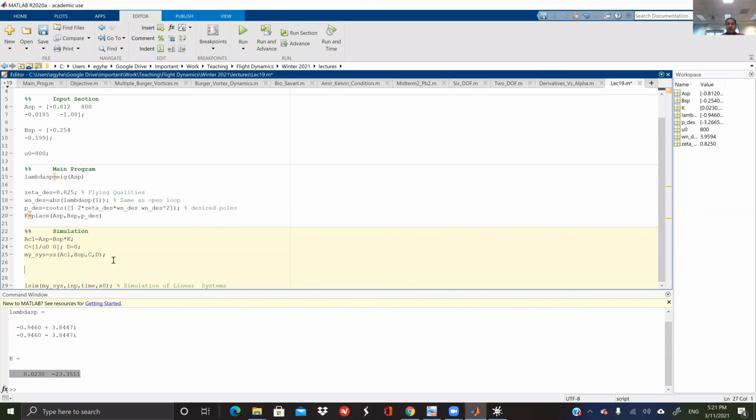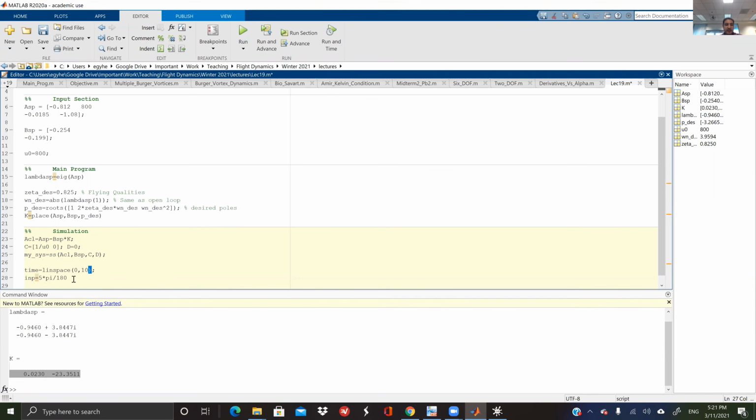Let's do simulation for, say, 5 degrees elevator. So the input will be 5 times pi over 180 times 1. This is the 5 degrees elevator. And it has to be defined for all time. So let's define time first. My time will be, say, a linear space between 0 and 10 seconds.